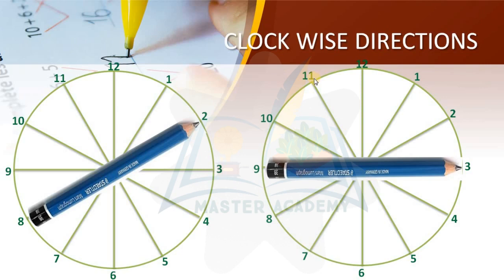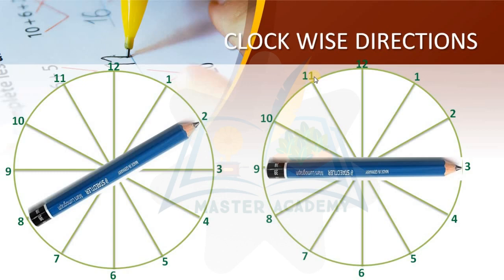Clear? I have explained with two examples. I took one original clock, and second I have explained using this pictograph. Understood? Now we will move on to the anti-clockwise direction.